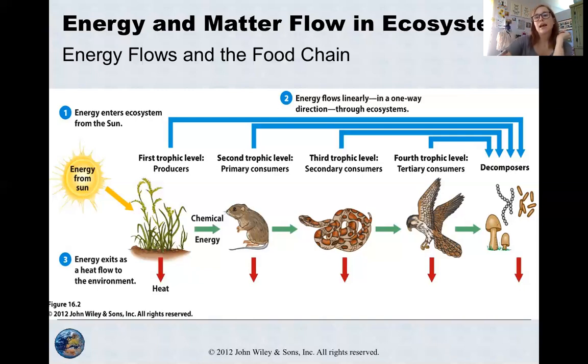Right? And then we have the decomposers. And the decomposers, they don't really discriminate. They decompose everything. They decompose the producers, the primary consumers, the secondary consumers, the tertiary consumers. Their job is to get in and take those carbohydrates and those proteins and break them back down into their basic carbon level and sequester that into the soil.